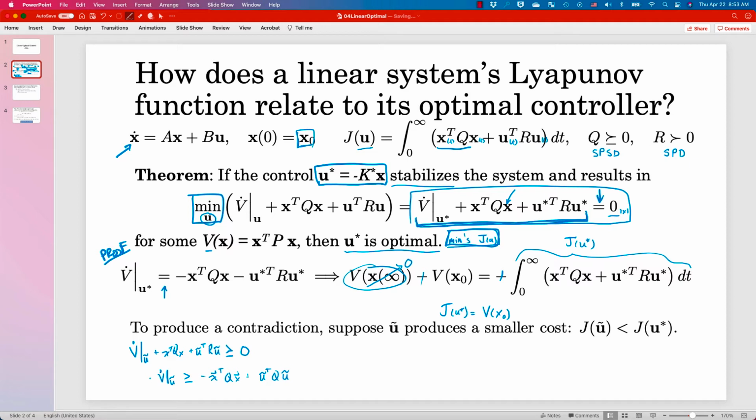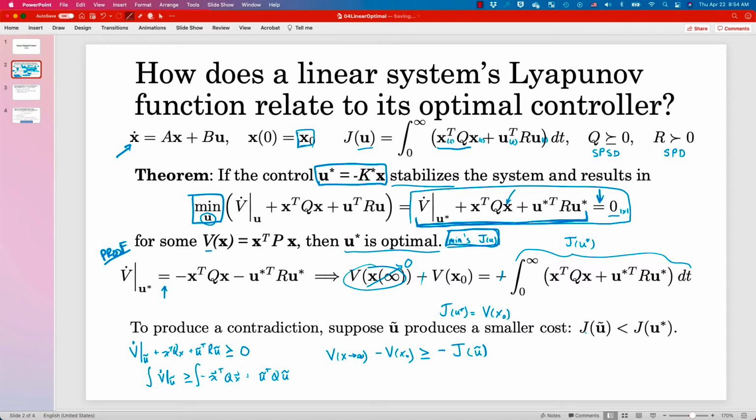And I can again integrate with respect to time. And so that tells me that v as x goes to infinity minus v at x naught should be greater than or equal to the negative of the linear quadratic regulator cost at u tilde.